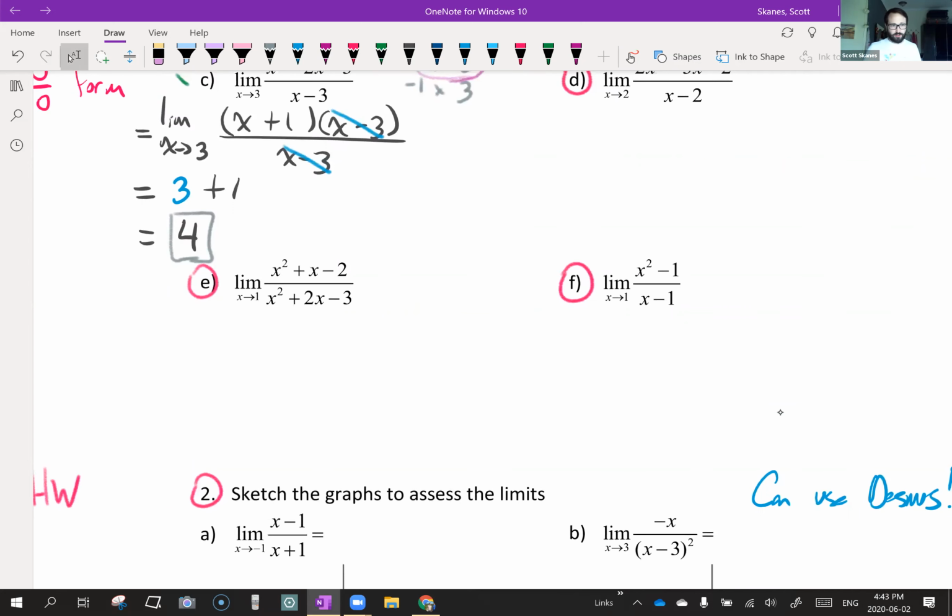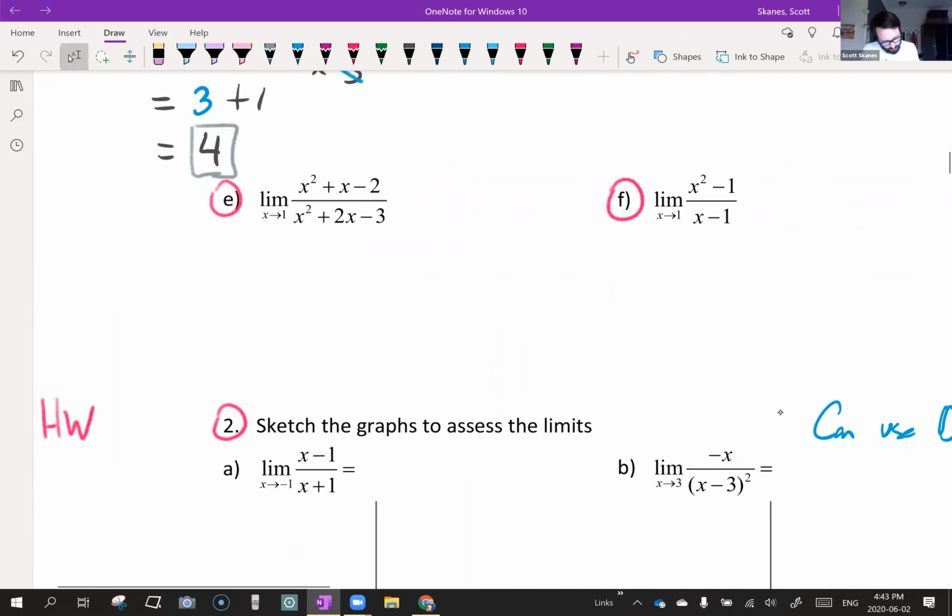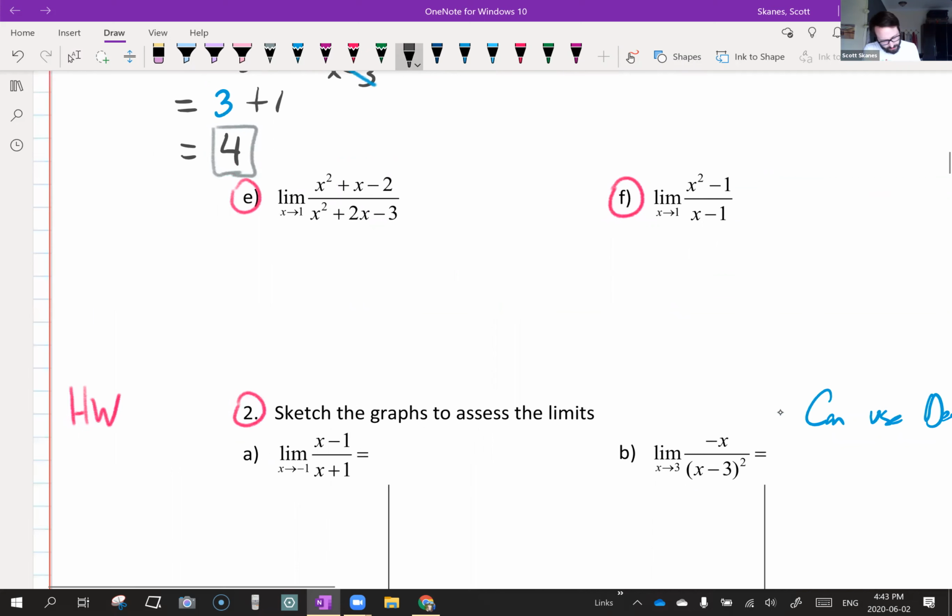So Ibrahim, you got 3 over 4 for E. I agree with you. That's exactly what we're going to get. If you directly substitute in this, then you're going to get 0 over 0 form. So we need to factor. The limit as x approaches 1. We're going to get 2 chances to factor. On top, what two numbers multiply to make -2, but add to make 1?